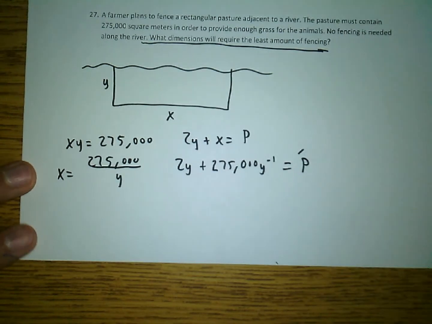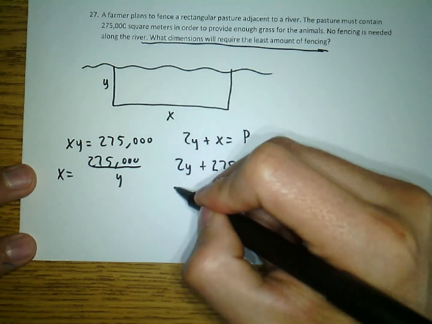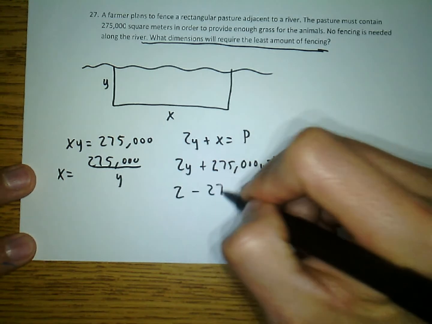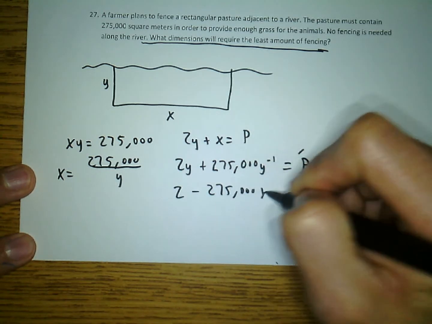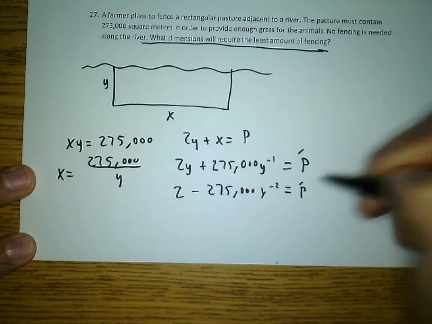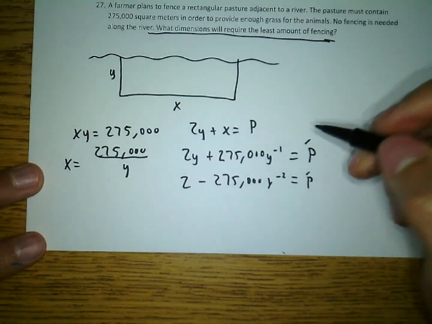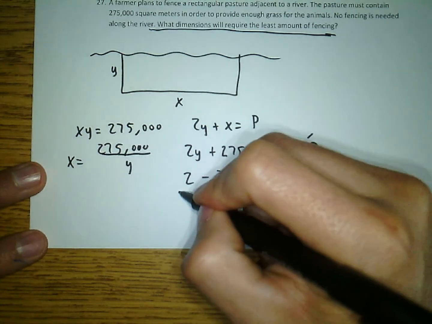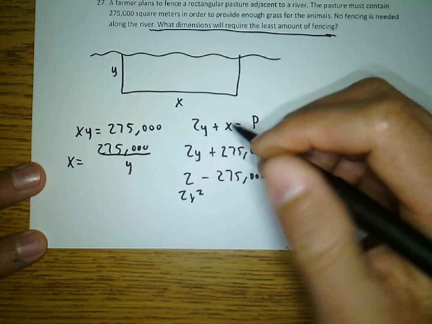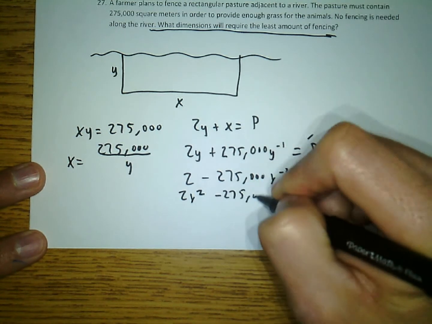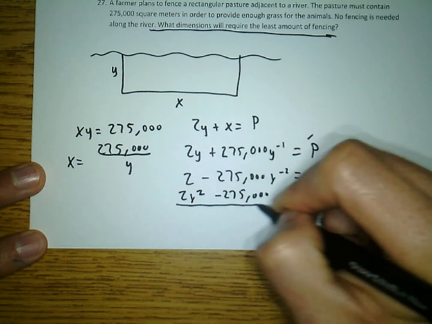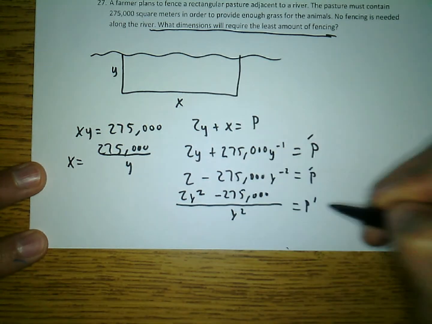So I'm going to take the derivative, p prime. It's going to give me 2 minus 275,000 y to the negative second is equal to p prime. So really what this means is 2 minus 275,000 over y squared is equal to p prime.